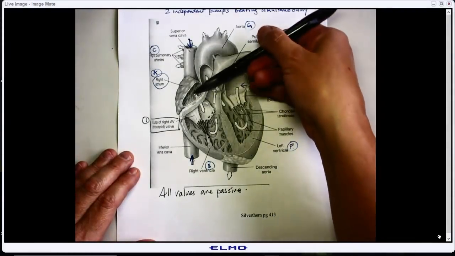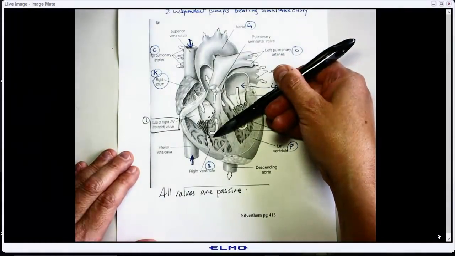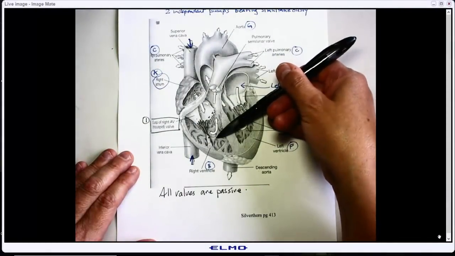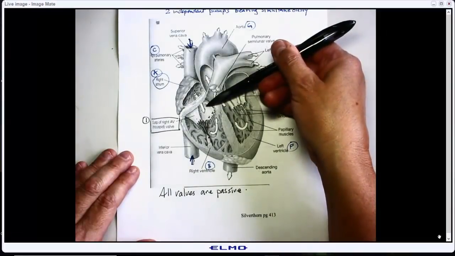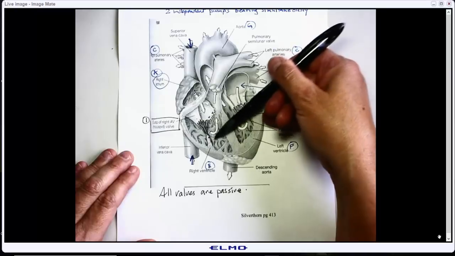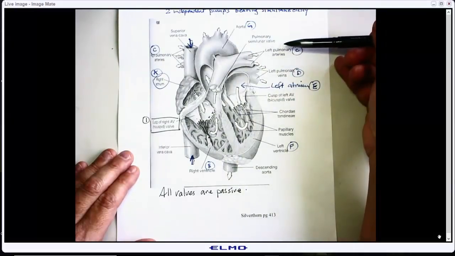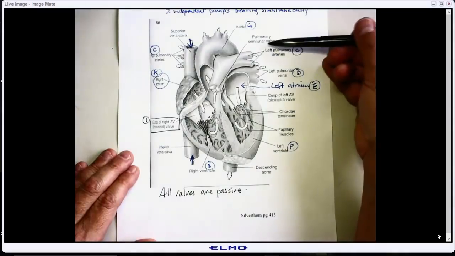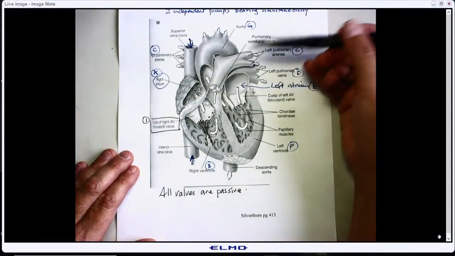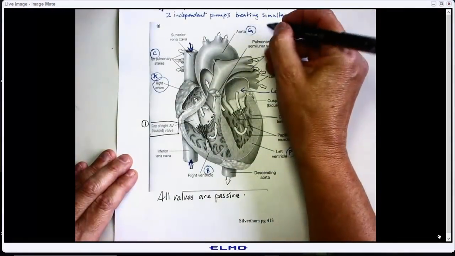Okay, so we've come from the right atria through an AV valve into the right ventricle, and then as the right ventricle contracts, the AV valve closes, and we generated more pressure in the right ventricle than was in the pulmonary arteries. So we pushed blood through a second valve, the pulmonary valve.